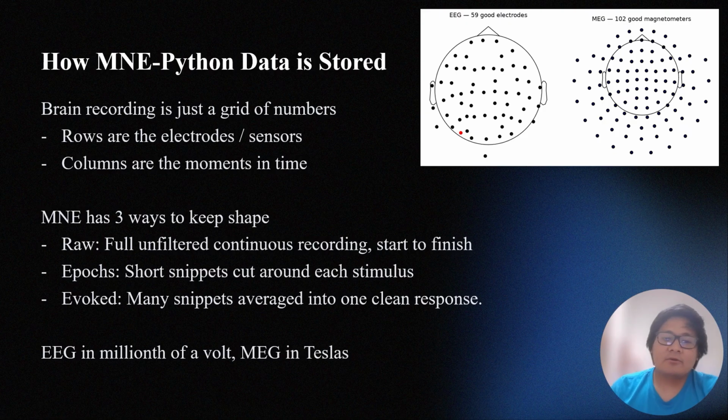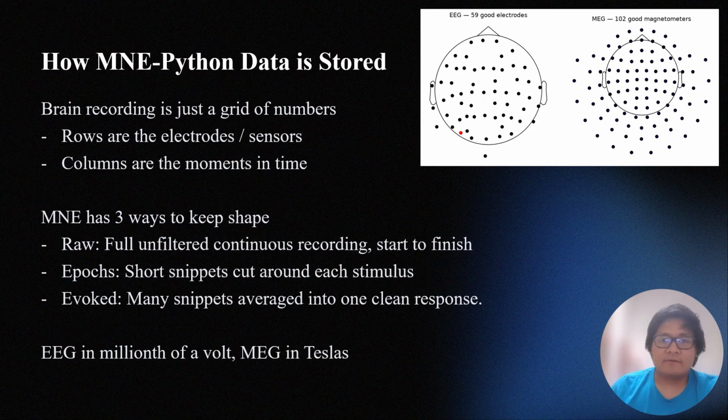So MNE has 3 ways to store this data: raw, which is the full unfiltered continuous recording, nothing changed; an epoch, which is a short snippet cut around each stimulus; or evoked, where a lot of the snippets are averaged into a single clean response.